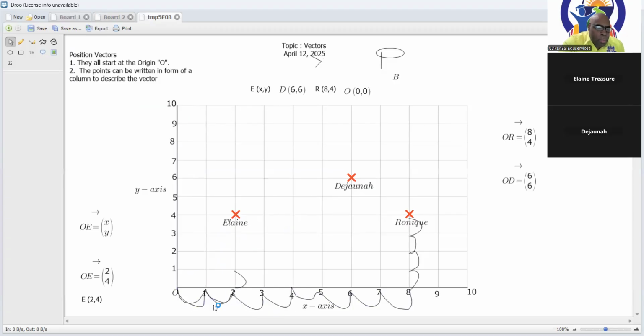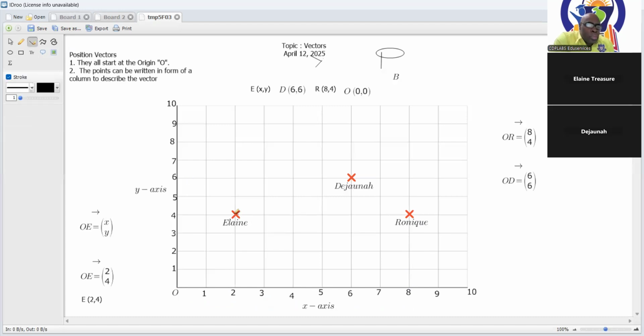No, I want you to use the eyes and watch carefully now. Even if you use your hand and draw it on your graph paper. All right. So now we're going to draw another vector from Elaine to Dejanay.